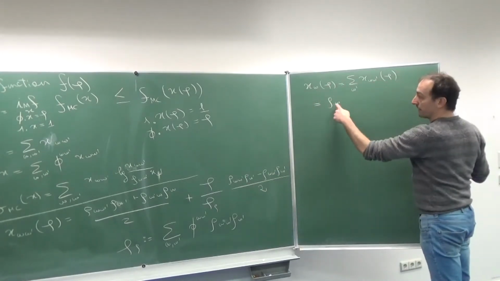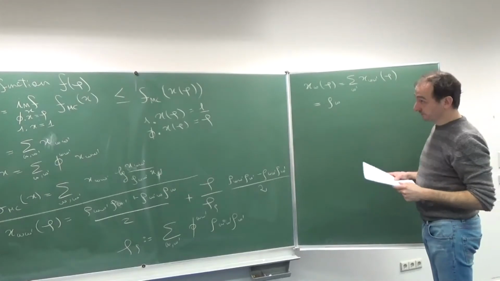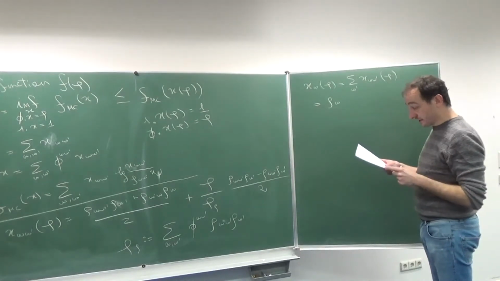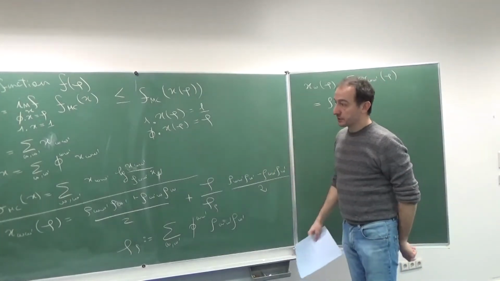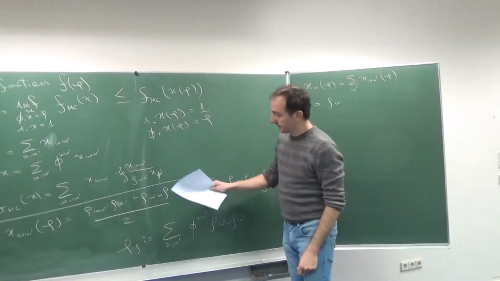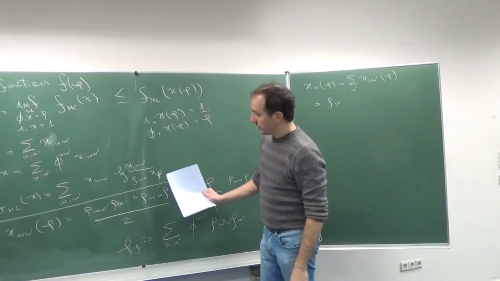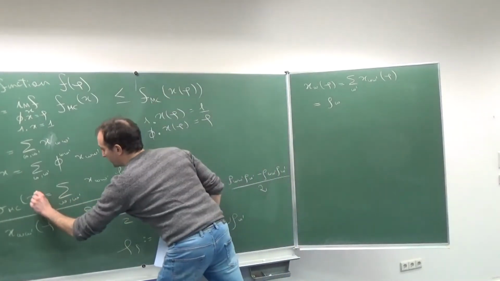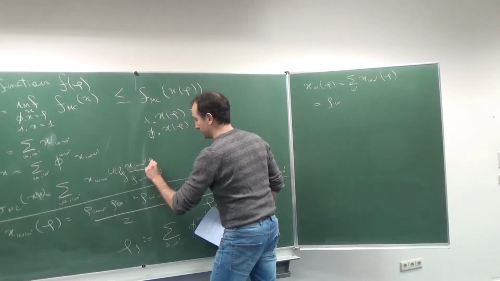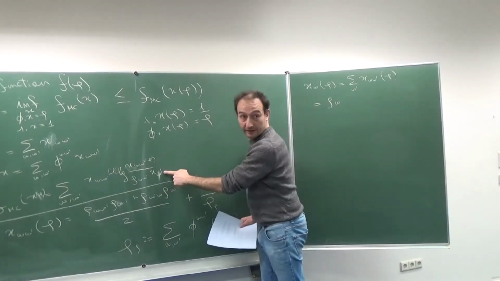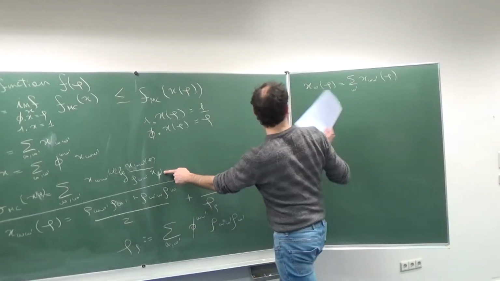So x omega is rho omega, okay? Which is nice, because when we plug x of phi into our expression for the rate function here, this guy here becomes rho omega.